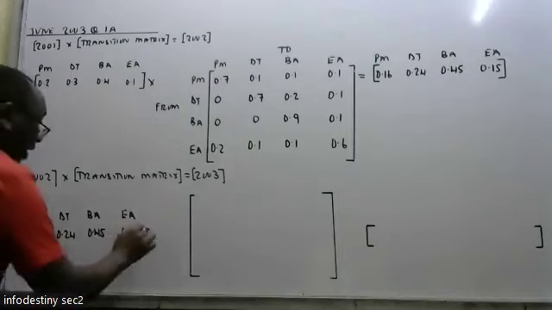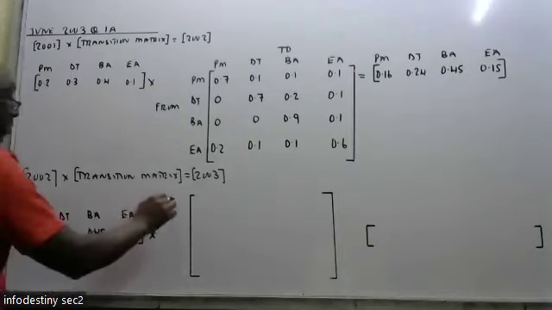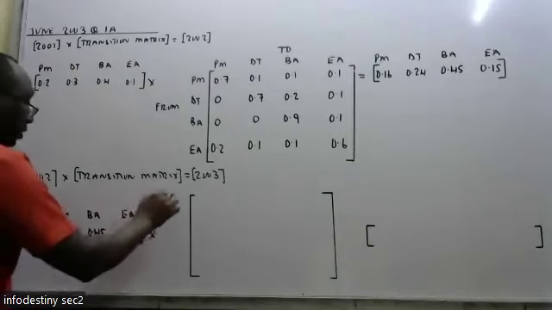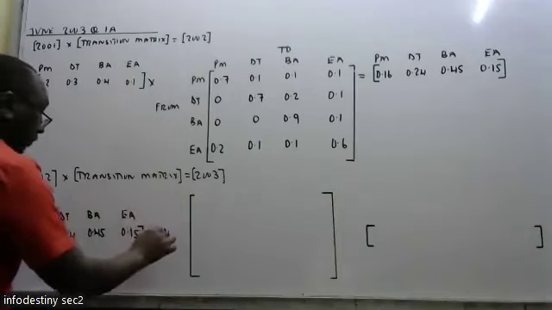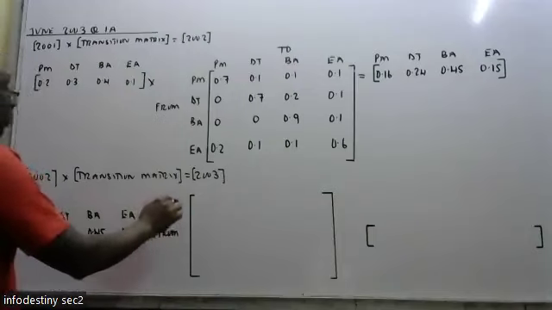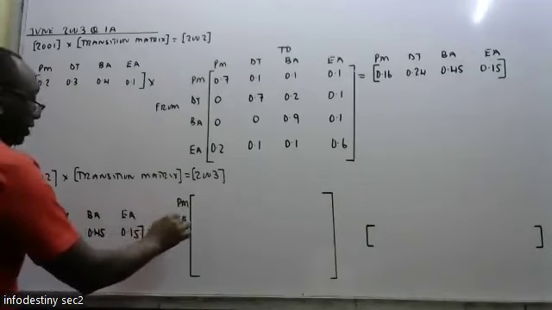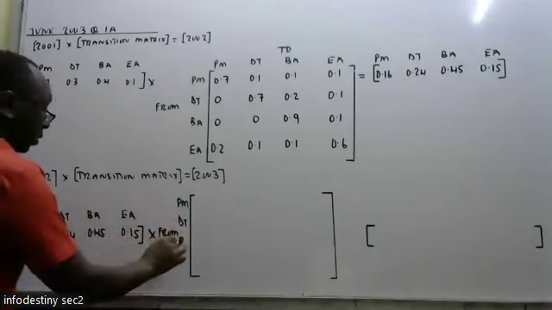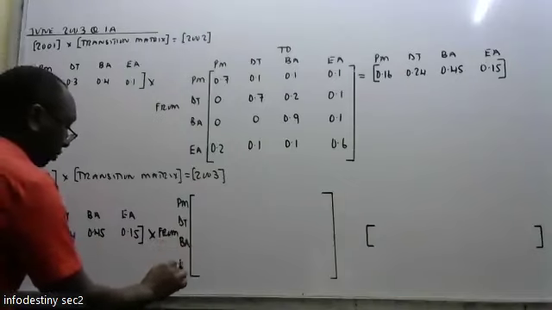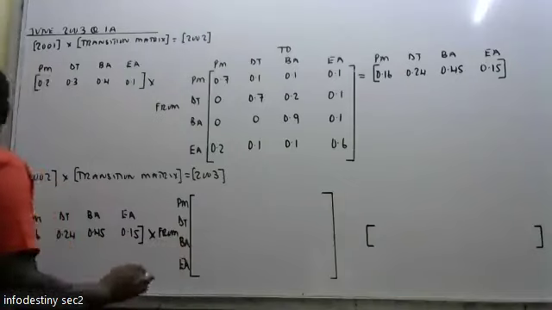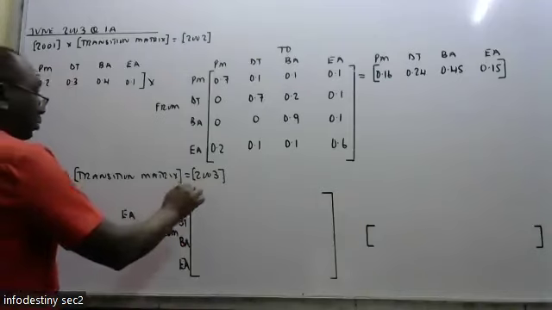So we are saying times. This is the transition matrix from, we have PM, we have DT, we have BA, and we have EA. This is to PM.